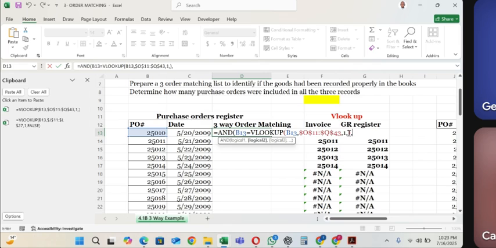Now, I want you to go here. Inside here, type and.